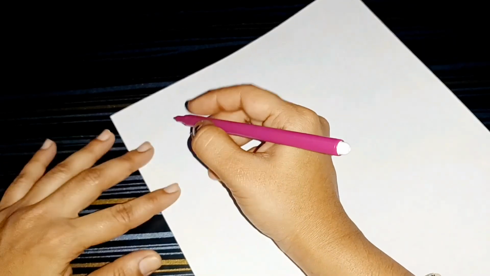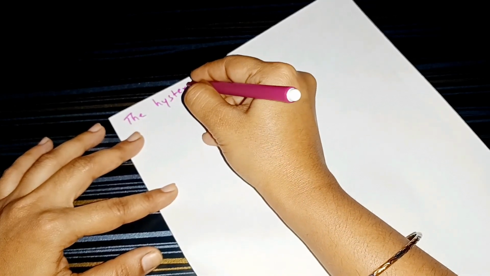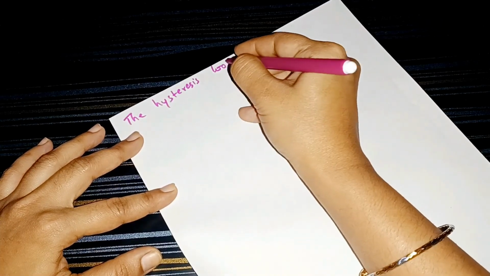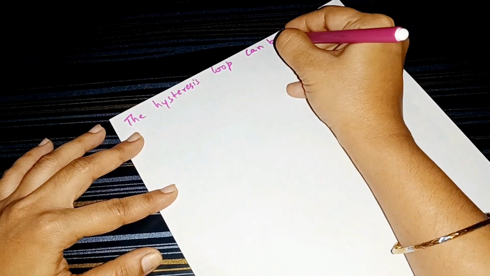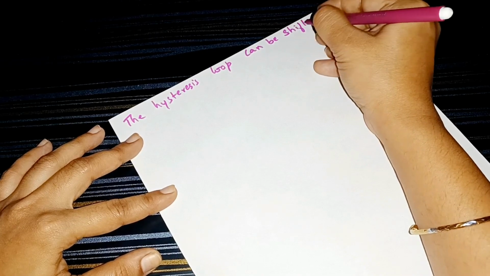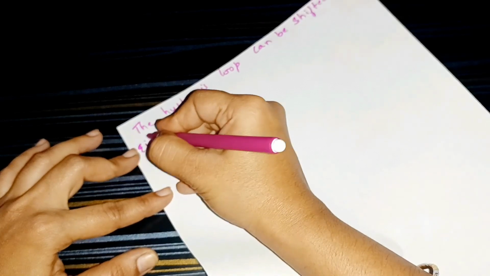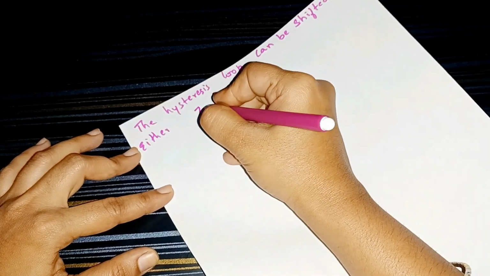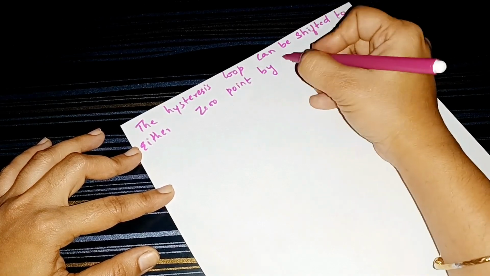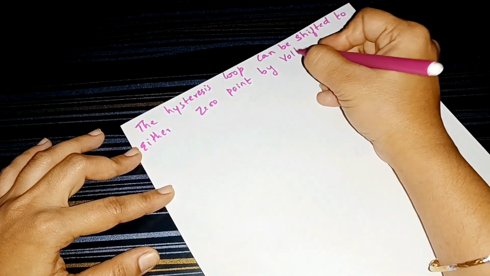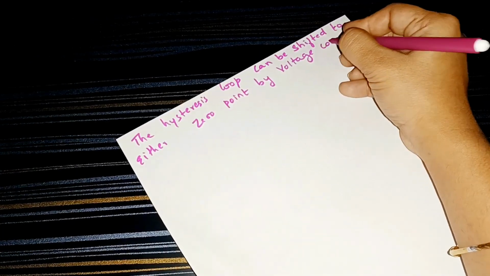The hysteresis loop can be shifted to either side of the zero point by a voltage connection.